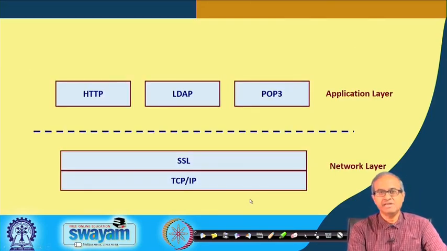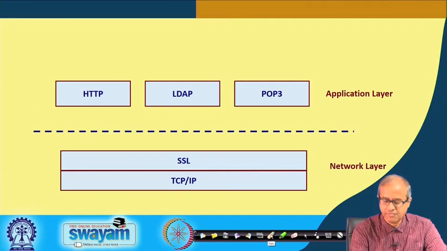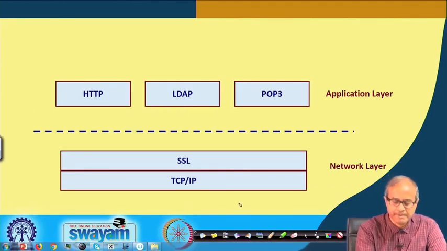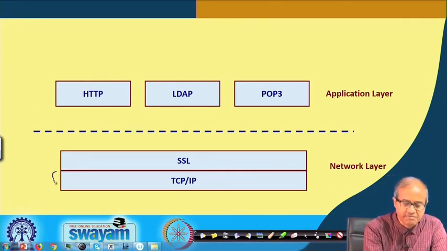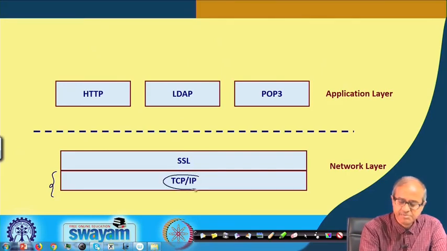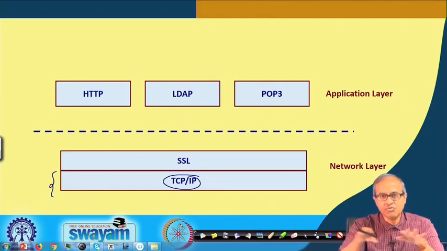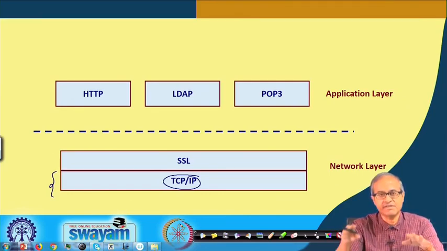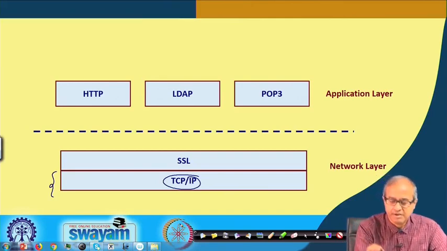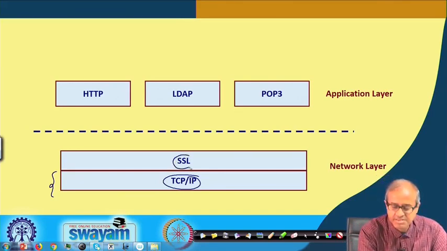So, pictorially this is how things work. You have TCP IP, and the underlying physical layer is here, that provides you with the basic network interface over which you can transmit messages and packets. Now, SSL sits on top of it.